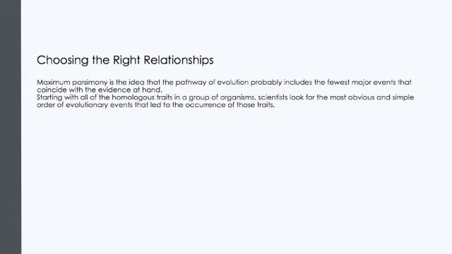Such cases are of particular interest to scientists working in the field of evo-devo, or evolutionary developmental biology, which studies the evolution of developmental processes in multicellular organisms. Genes that program development control the rate, timing, and spatial pattern of changes in an organism's form as it develops from a zygote into an adult.